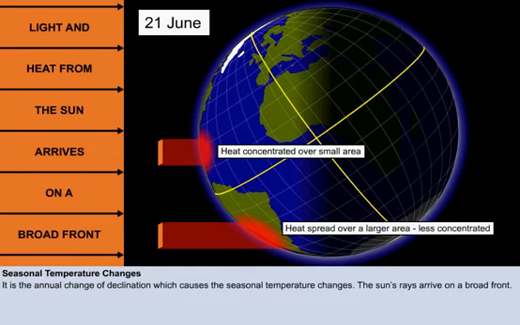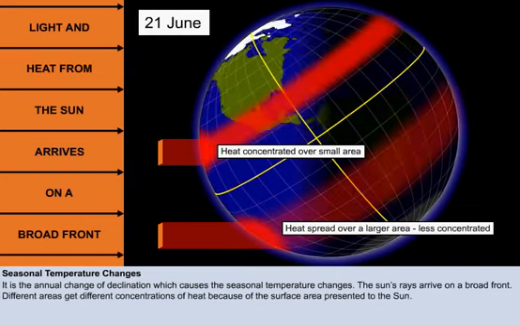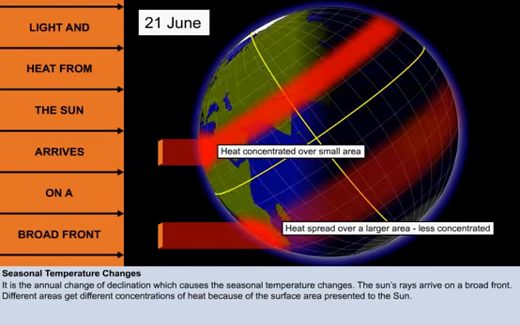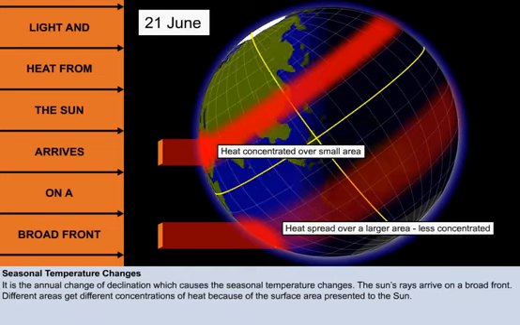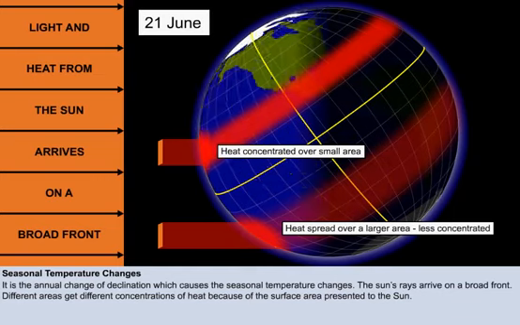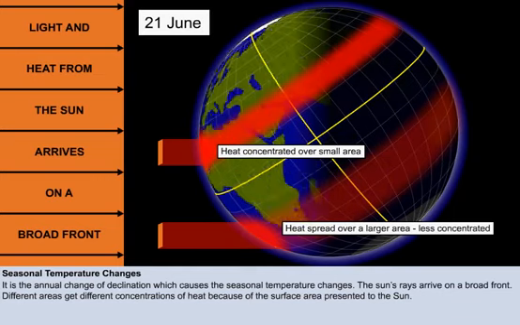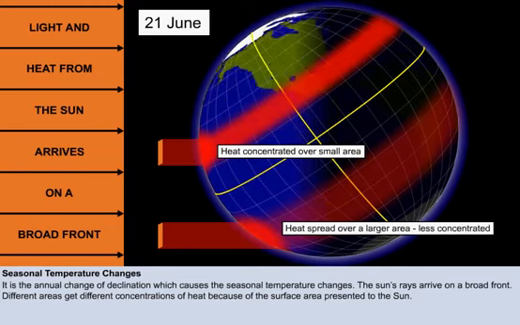The annual change of declination also causes the seasonal variation in the length of the hours of daylight. Again, consider the Earth on June the 21st. We'll take two positions on the Greenwich meridian, both experiencing local noon. One is at the equator, and the other at 40 north.